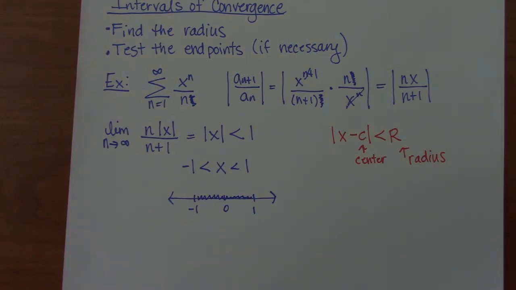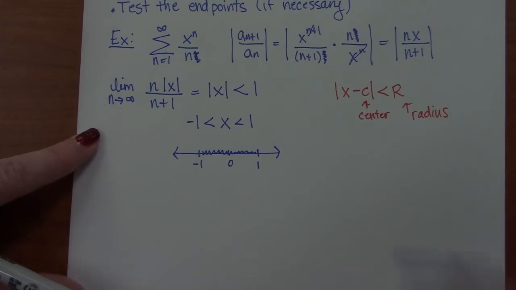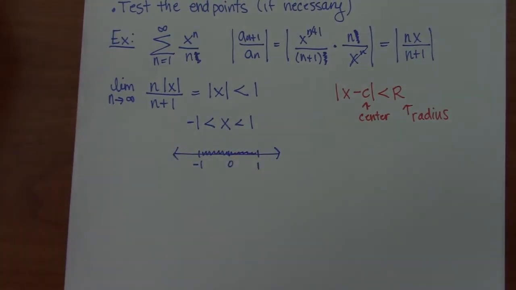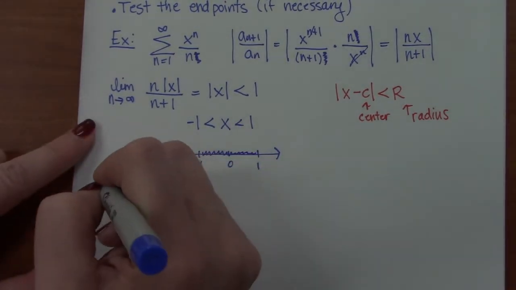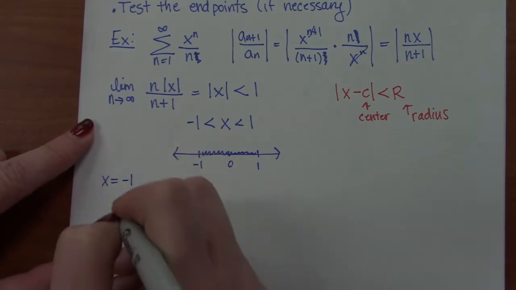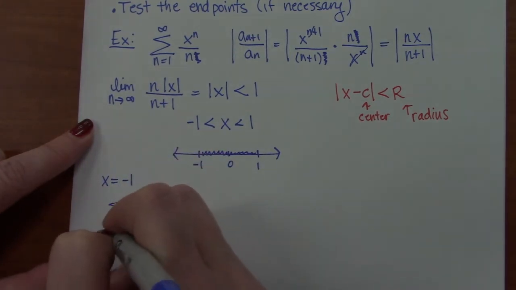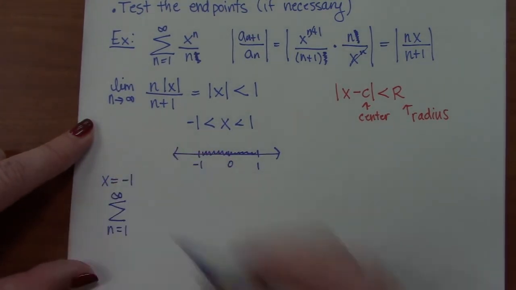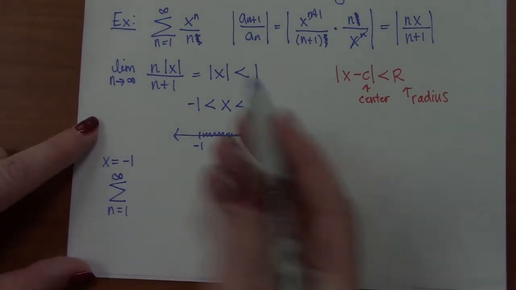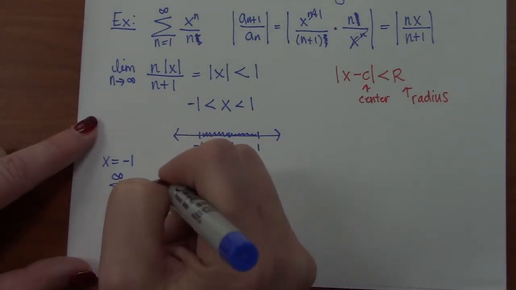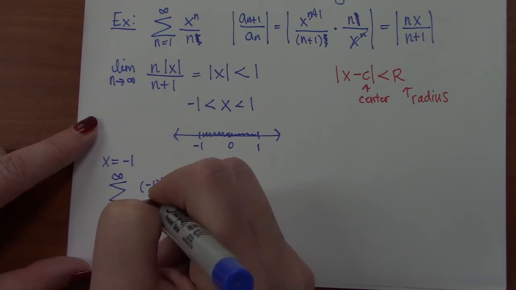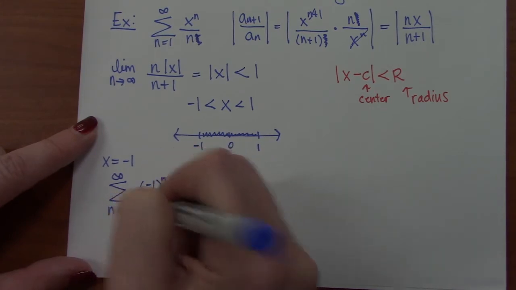So we do this by testing these values in the original series. So if we come back up, and we'll do -1 first. So I'm going to write the series from n equals 1 to infinity, and it was -1 to the n, I'm just plugging it in for x, over n.